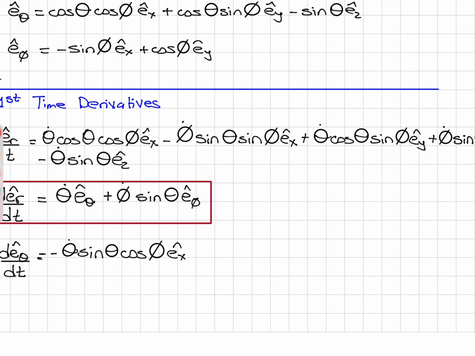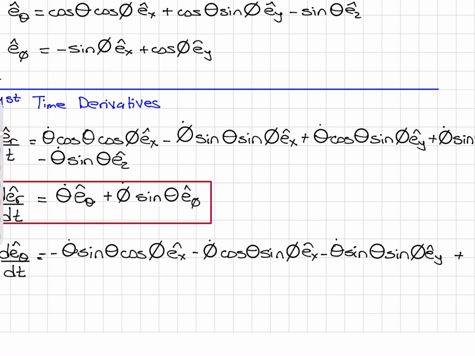That will give me minus phi dot sine phi. So this will be minus phi dot cosine theta sine phi ex hat. And for the ey hat term, I have minus theta dot sine theta sine phi ey hat. And the other term, for the phi part, I have phi dot cosine phi.